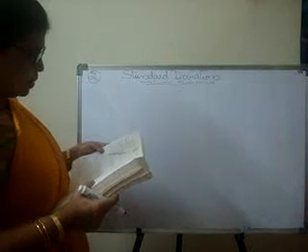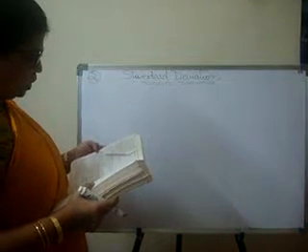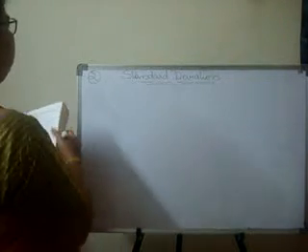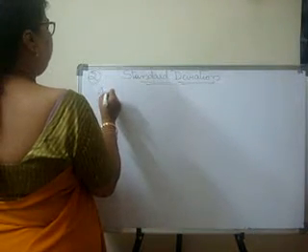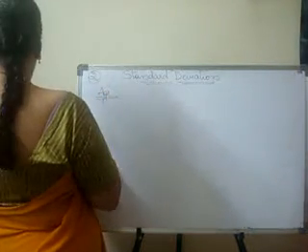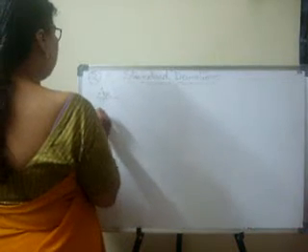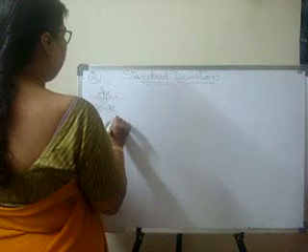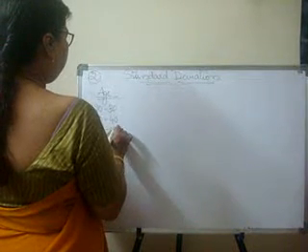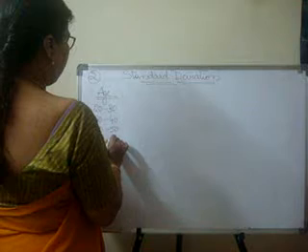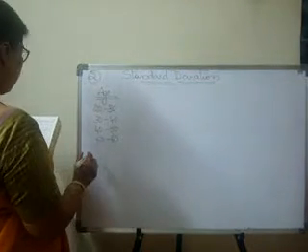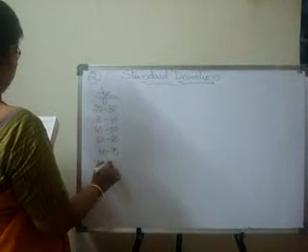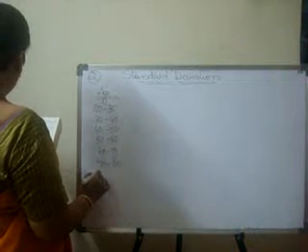Calculate the mean and standard deviation for the following table giving the age distribution of 542 members. The classes are 20 to 30, 30 to 40, 40 to 50, 50 to 60, 60 to 70, 70 to 80, 80 to 90.